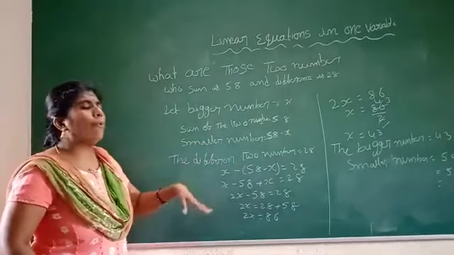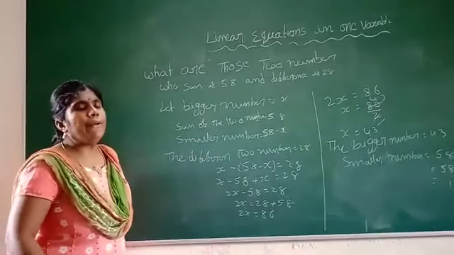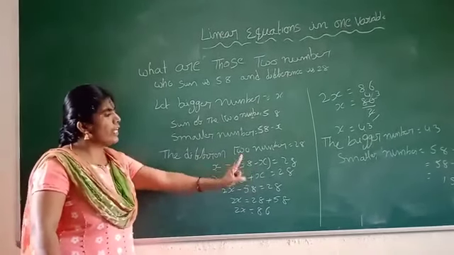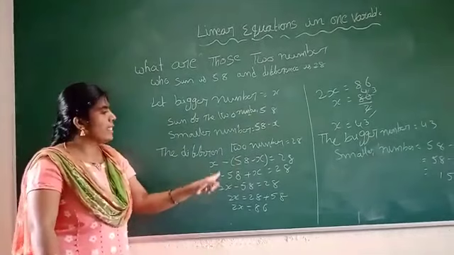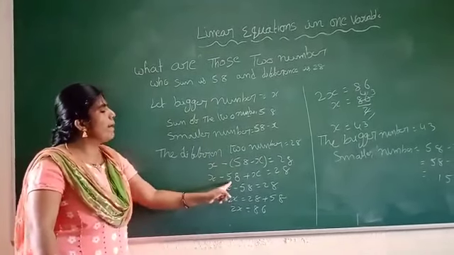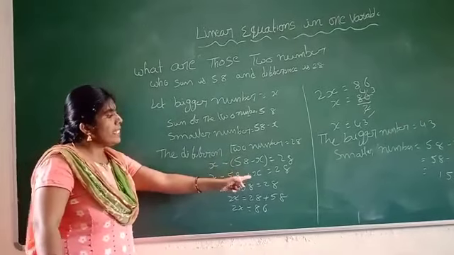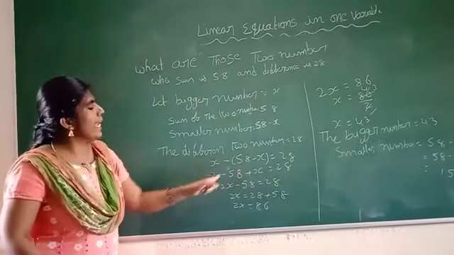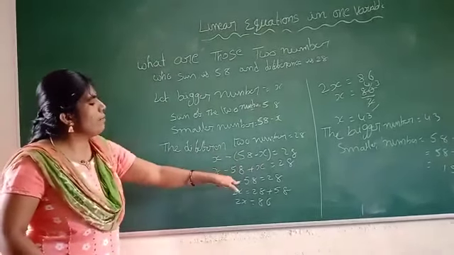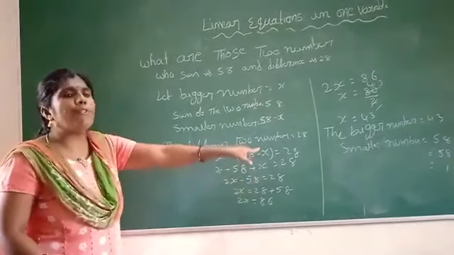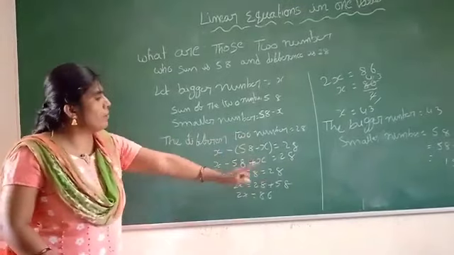The difference between the two numbers equals 28, so x minus (58 minus x) equal to 28. x plus x is 2x, 2x minus 58 equal to 28. Minus 58 is transferred to the other side, minus becomes plus.